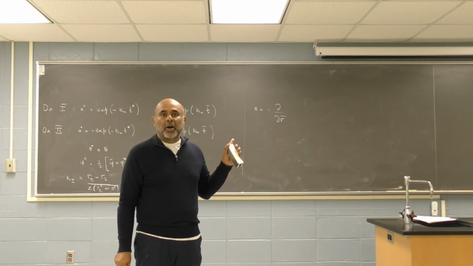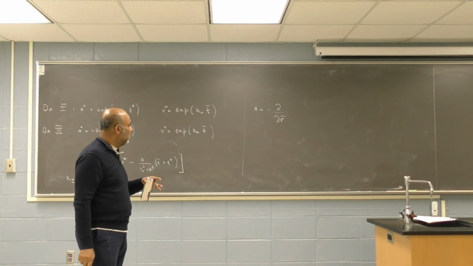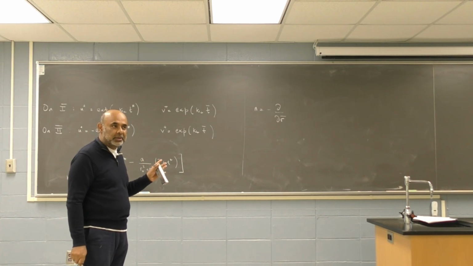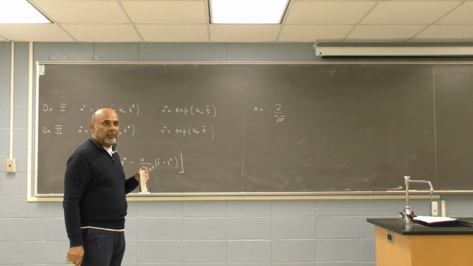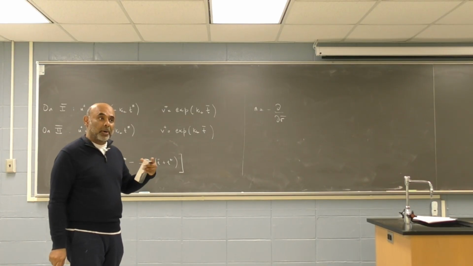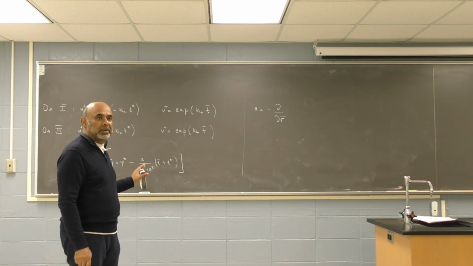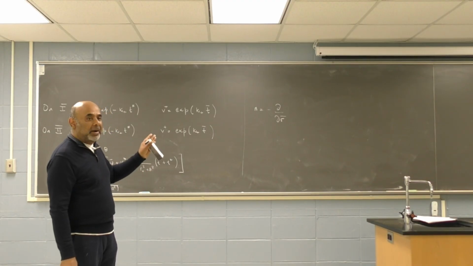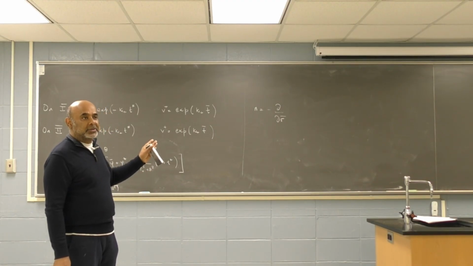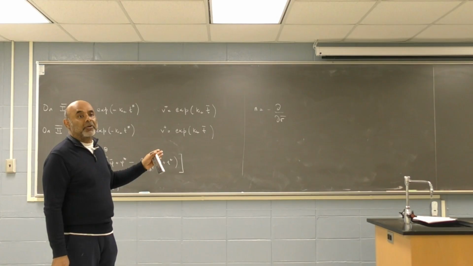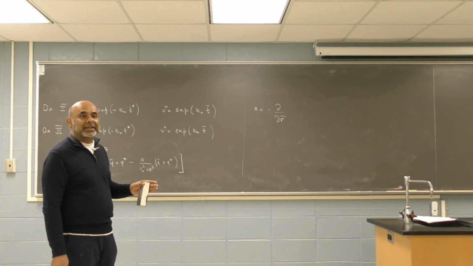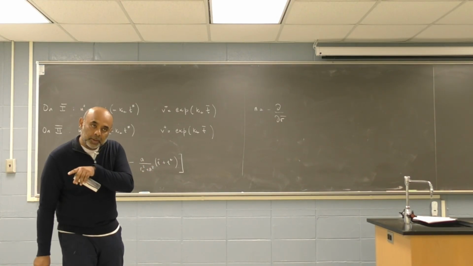So the bar coordinate is well defined through the horizon, and n is minus the partial derivative with respect to r bar, and it's just integrable through and through. We declare that minus d/dr is future pointing, meaning even through the horizon, at the horizon, and through the horizon, infalling is future pointing. So that's what makes it black hole.